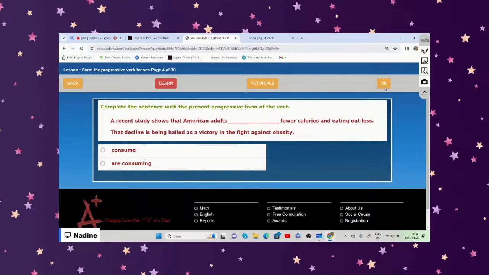Remember, we are using the helping verb, right? Which is either is, am, or are, followed by the main verb that ends in ing. That is the progressive verb.